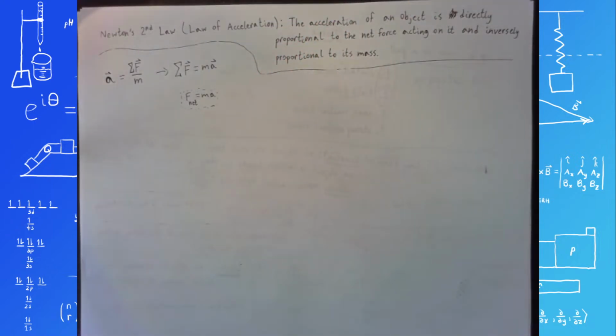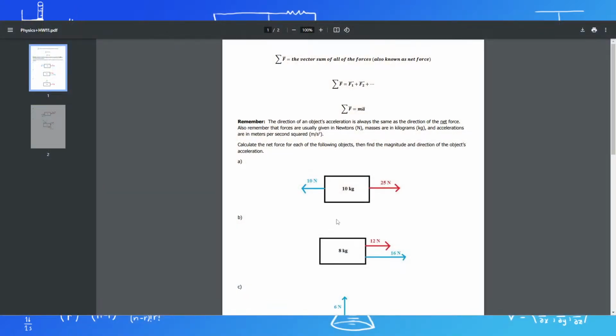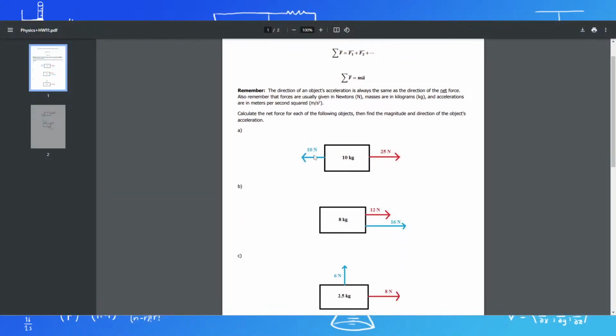So if we go back to what I had over here, for part A we had 25 minus 10, so the net force is 15 newtons.